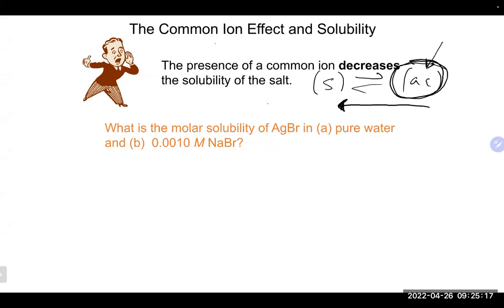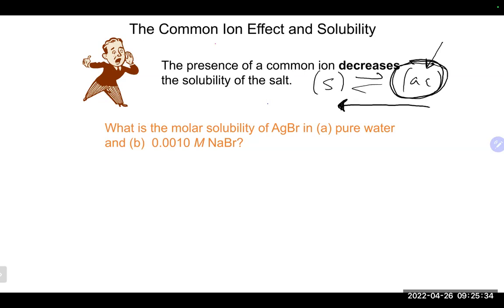That's what we see here. The presence of a common ion will decrease the solubility of that salt. It forces the equilibrium to the left and keeps the salt together rather than dissolving in solution.